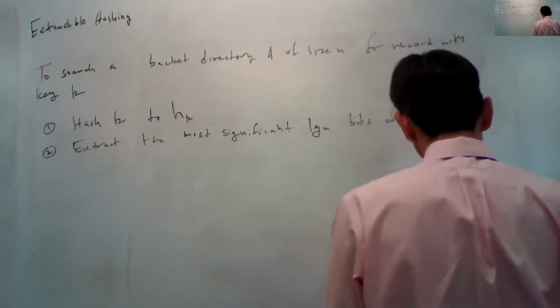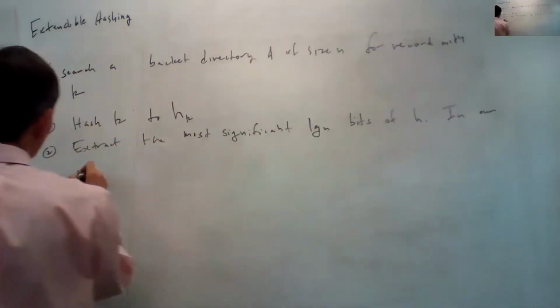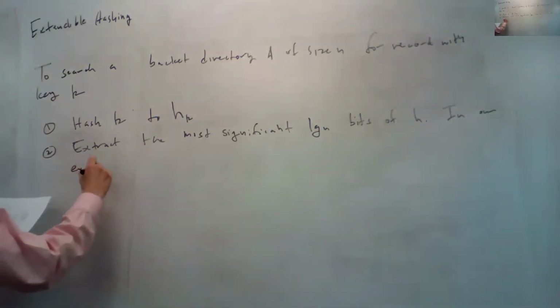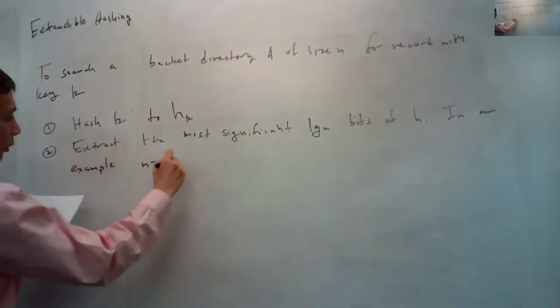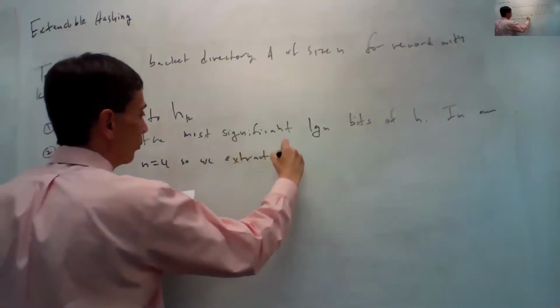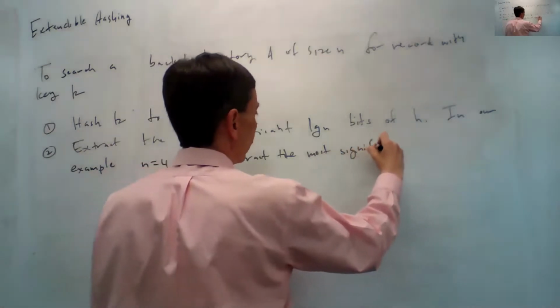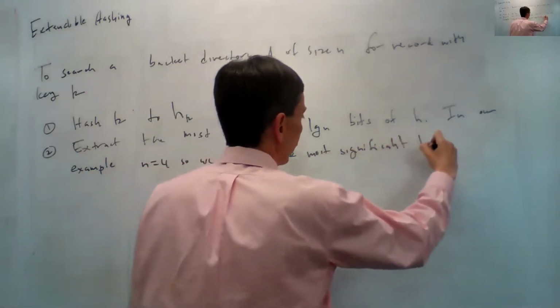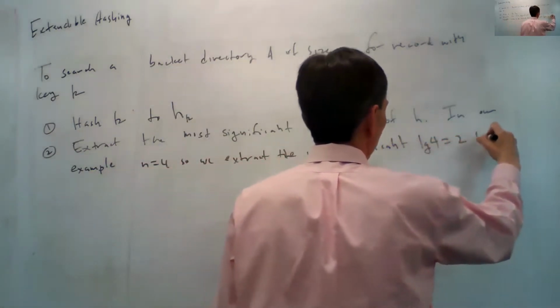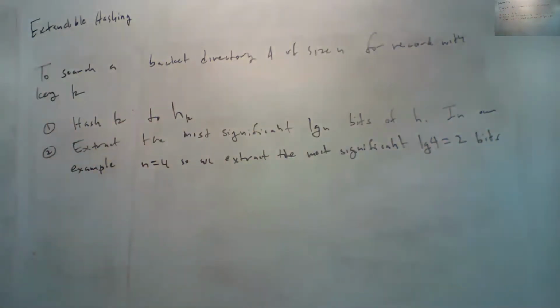In our example, n equals 4, so we extract the most significant two bits, because log base 2 of 4 is 2.